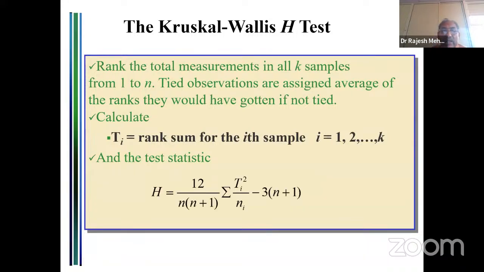The formula looks very difficult, but it's very simple. We have K samples. K means if you have four, you can say four samples; five, you can say five samples. And in each sample, suppose you have four observations, 16 observations, then your N is 60, like that.